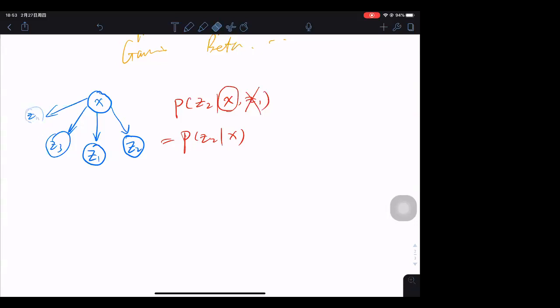You have a state X, and then you have many sensors. How can we find the state given all your sensor readings, Z1 up to Zn? Now this is an important question.